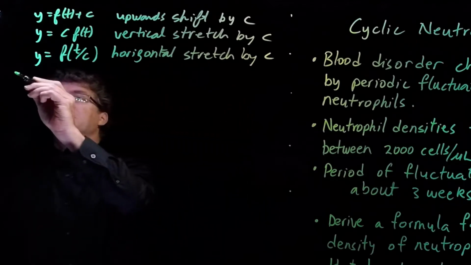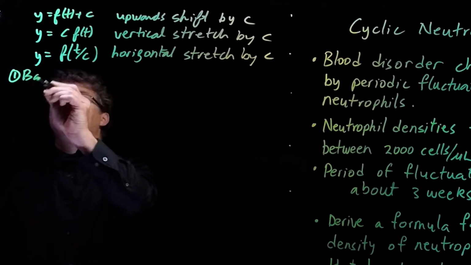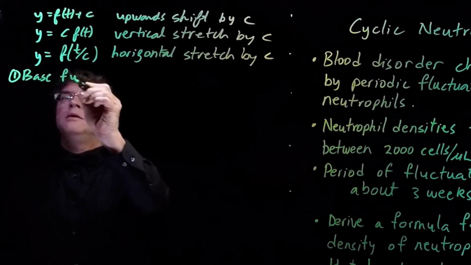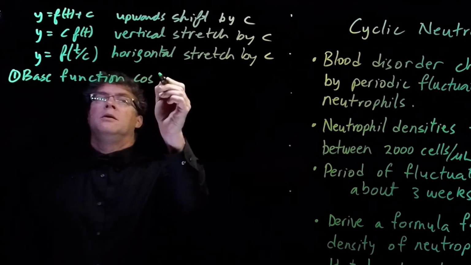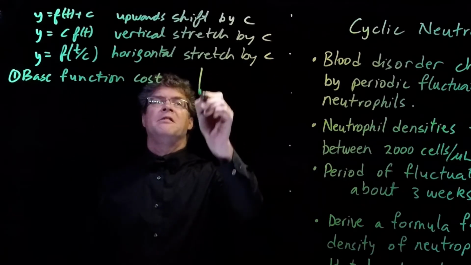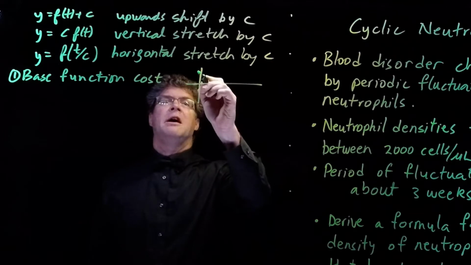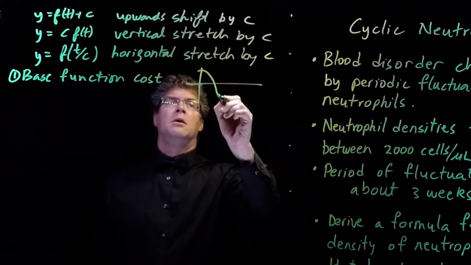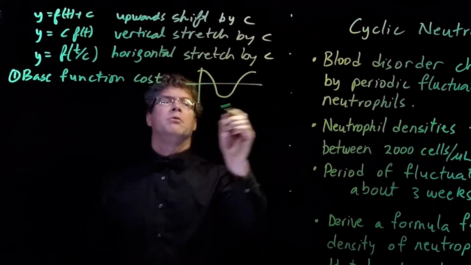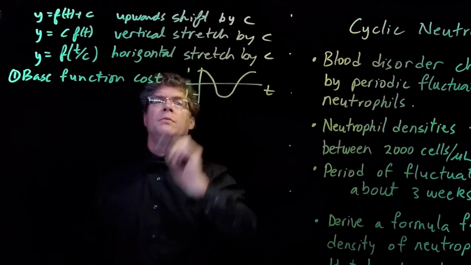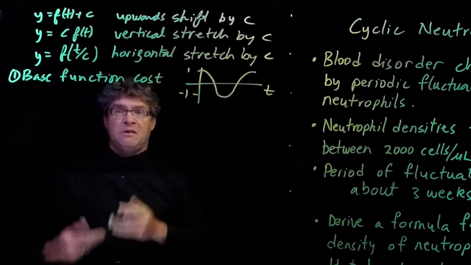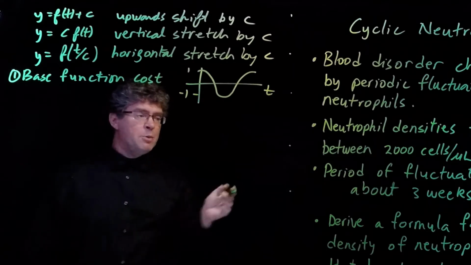So our base function is the cosine function. And if we plot this out, this lies between 1 and -1. The first thing we want to do is shift this up so that the minimum is at 0.